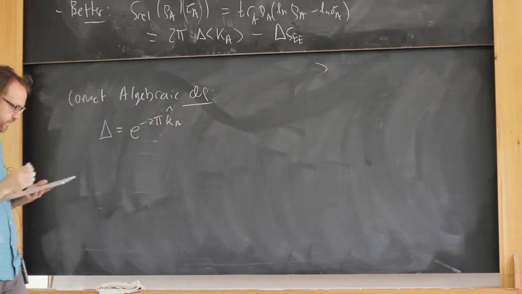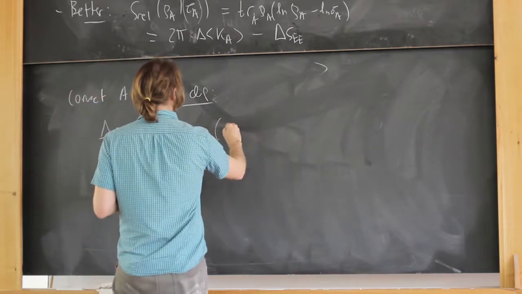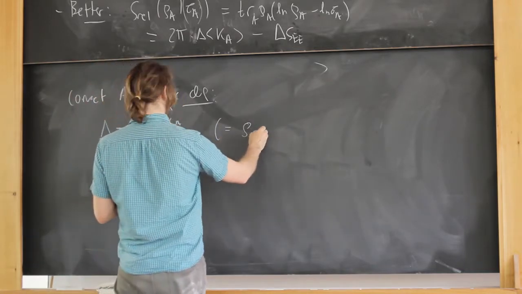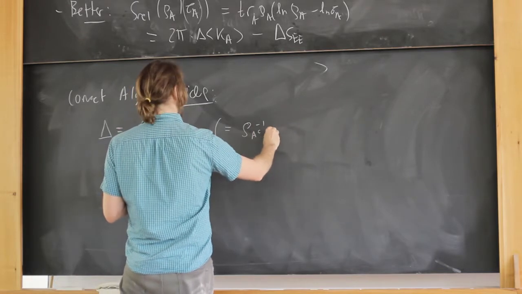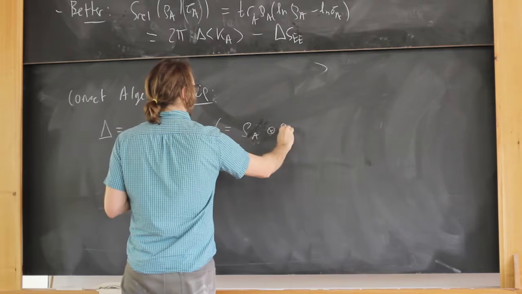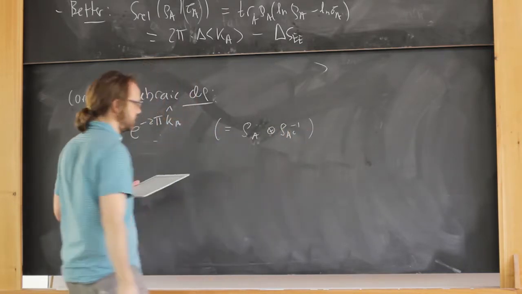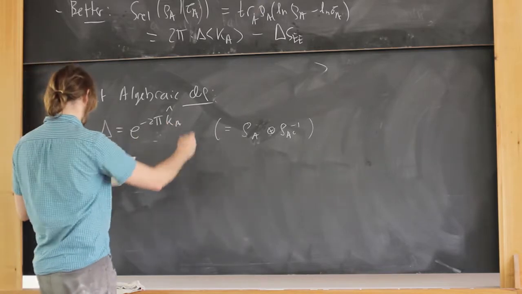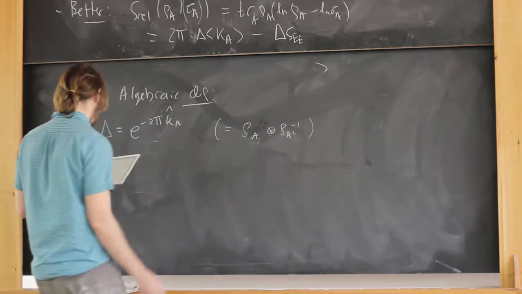And for reference, in the finite case, if I had a tensor product, this is just rho A tensor rho A complement inverse. Okay, so that's what that is. But here it's just defined in terms of this modular Hamiltonian.